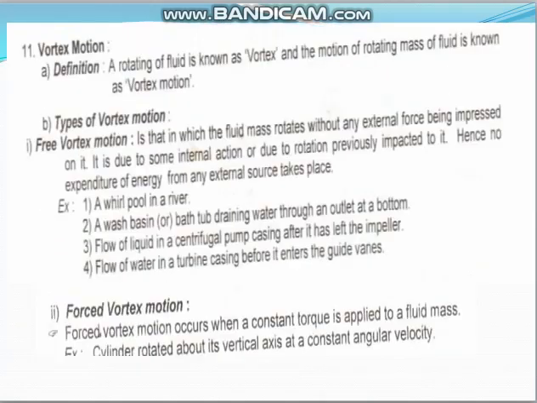Coming to vortex motion, a rotating fluid is known as vortex, and the motion of a rotating mass of fluid is known as vortex motion.